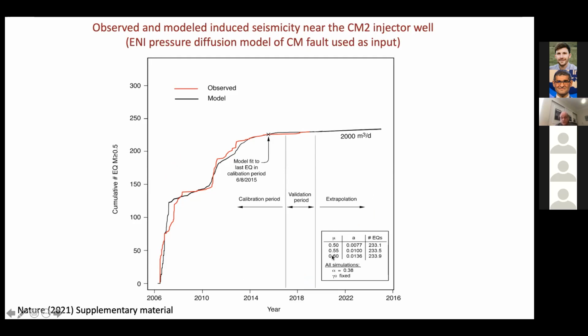Mu is a coefficient of friction, and A is the rate-state parameter A. With different combinations of coefficient of friction and A, we get essentially identical fits. And this is an extrapolation at 2,000 cubic meters a day, which is kind of what they're holding to now, and what would be expected to happen for higher injection rates.